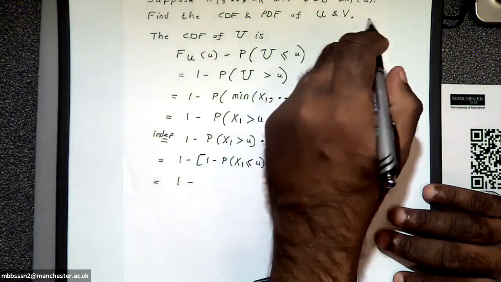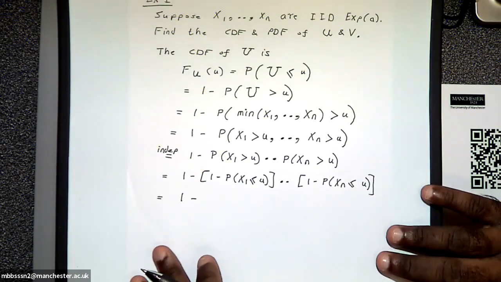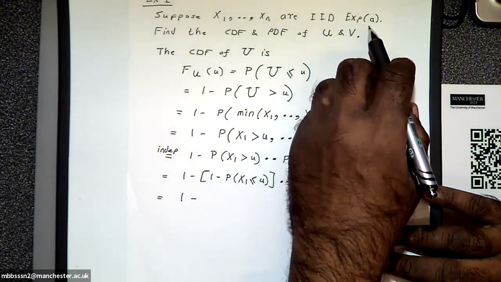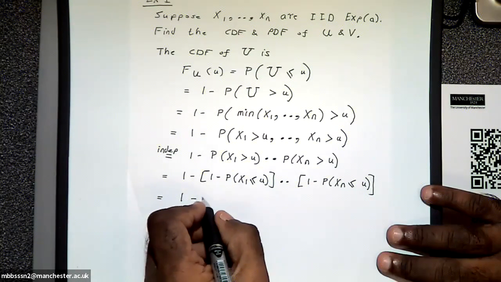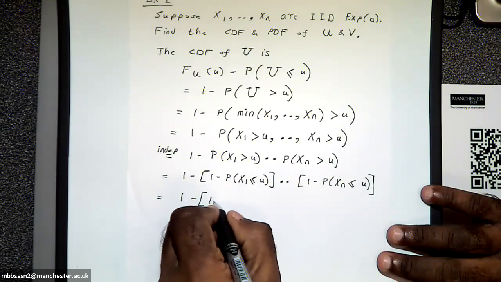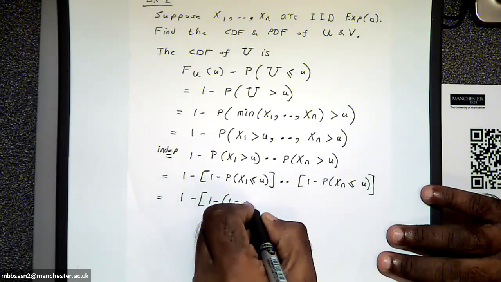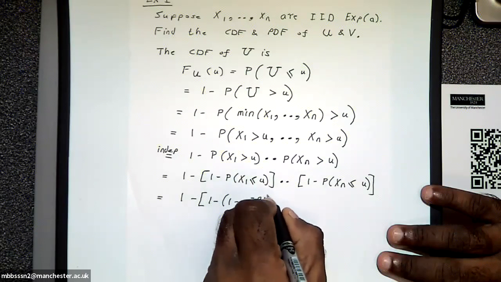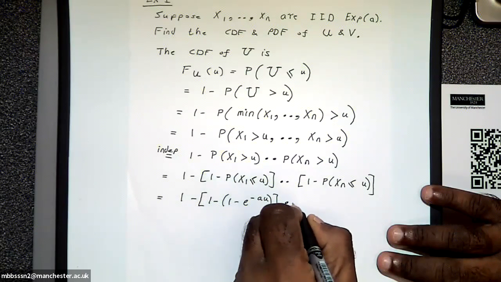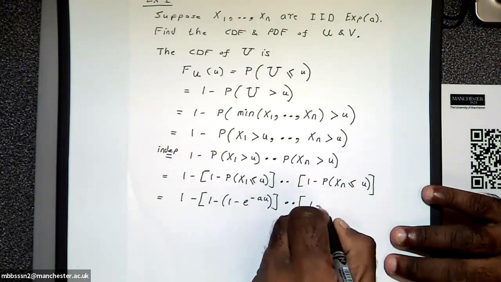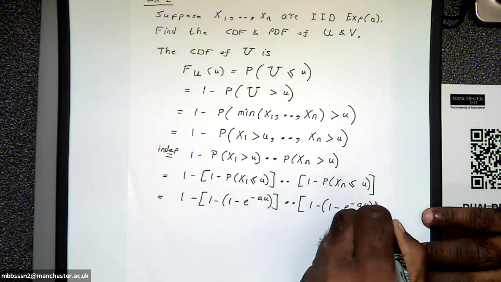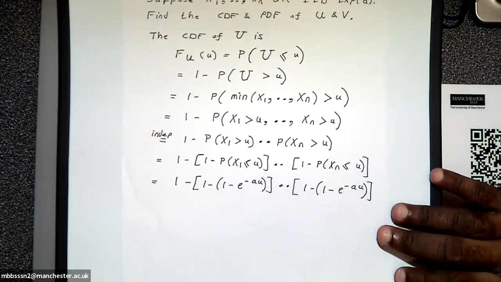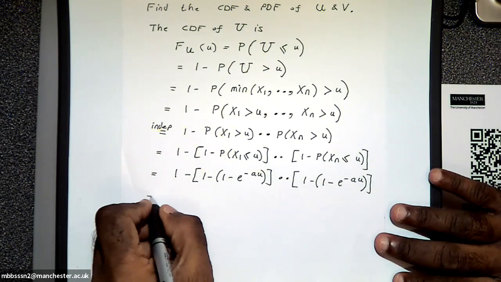Now remember, for the exponential distribution, do you guys remember the exponential distribution? What's the CDF? You don't remember? It's 1 minus e to the minus a x.